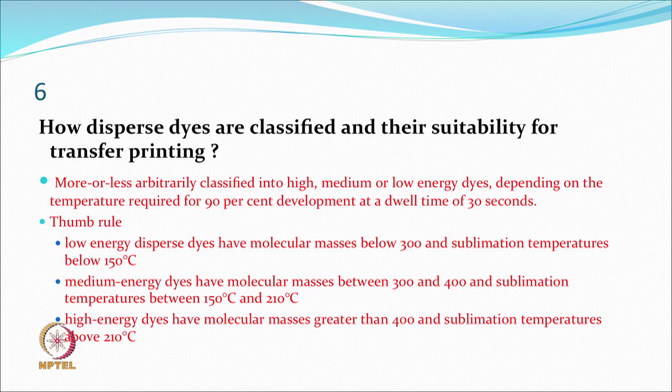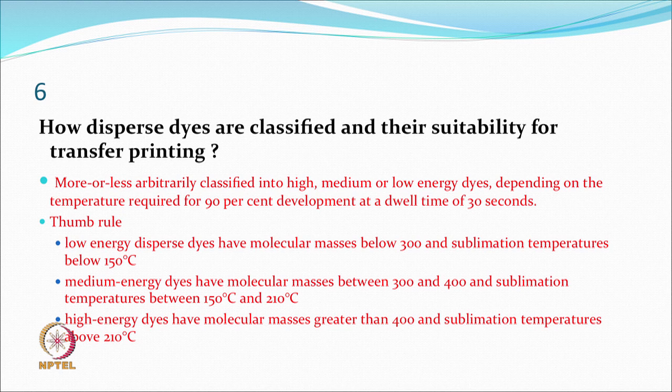So, the general thumb rule, as you already know, is that the molecular weight may be less than 300 for low energy disperse dyes, right, and sublimation temperatures may be below 150. Now, there will be a difficulty with this, because if your ironing temperature was also around the same, then the dye may also come out.